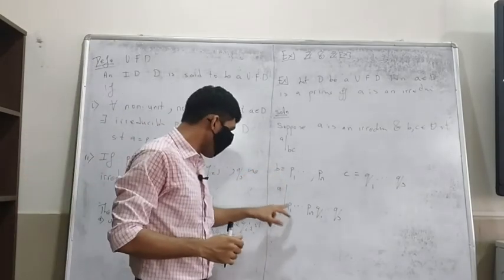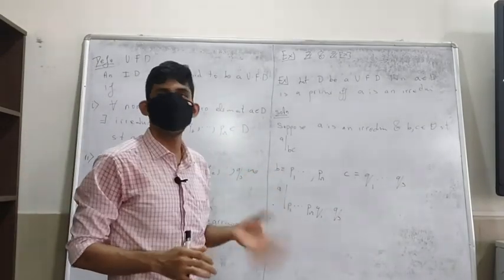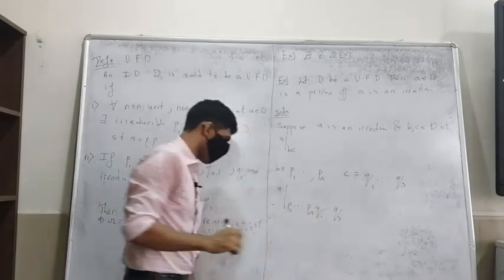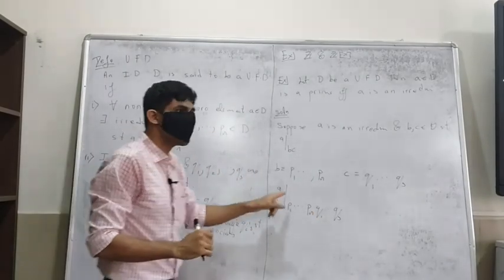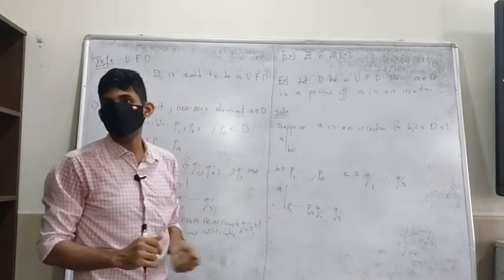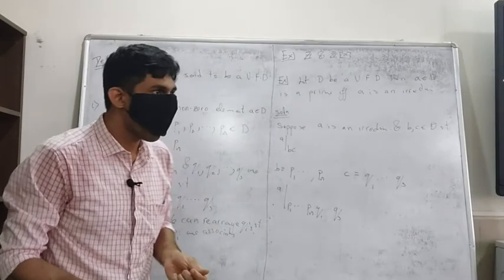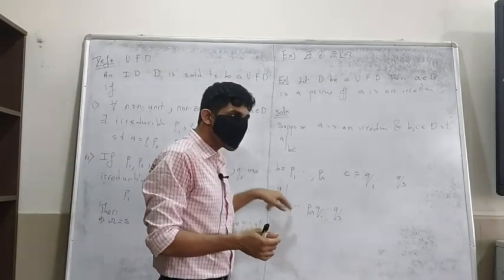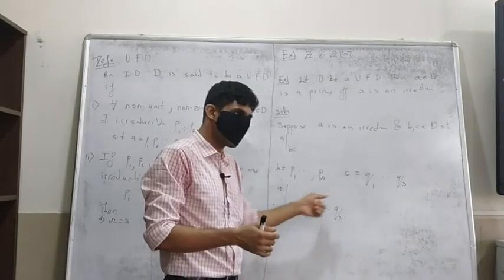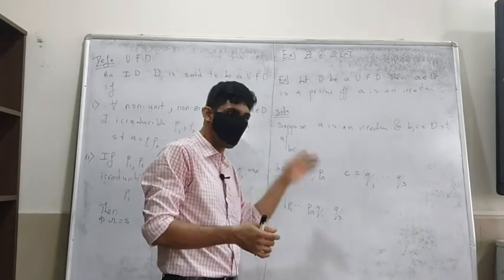So if A divides a product of irreducibles, then A should be an associate of one of them. This will mean that either we can find an i between 1 and r such that A and Pi are associates, or we can find a j such that A is an associate of Qj.